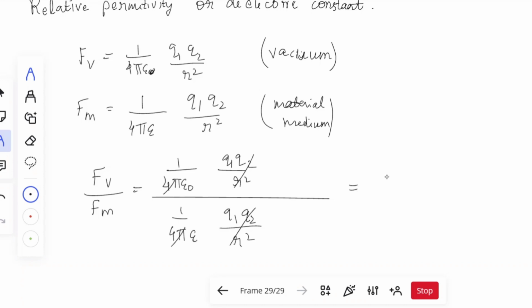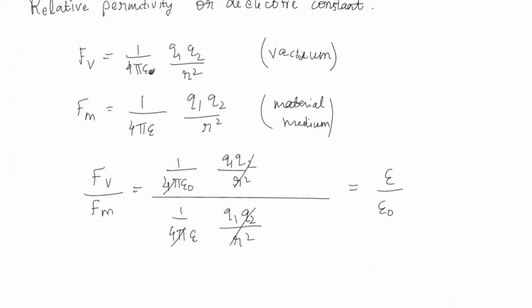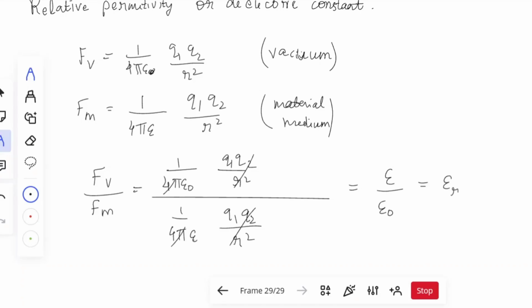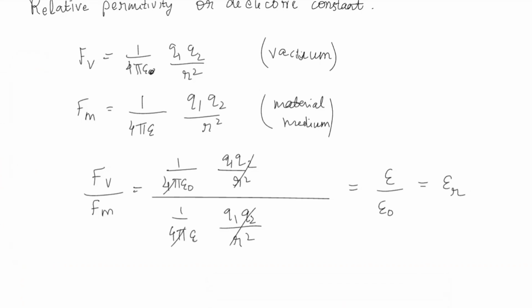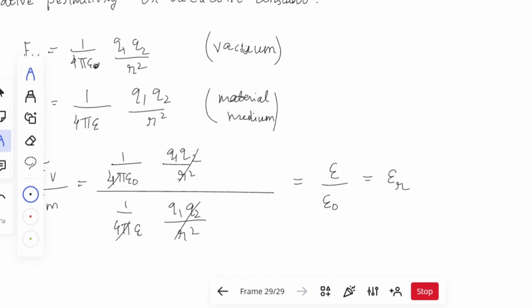So we get this as epsilon by epsilon naught. The force between them is reduced by the material's permittivity ratio epsilon by epsilon naught. This is the dielectric constant of the medium.